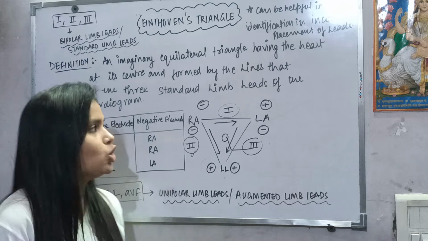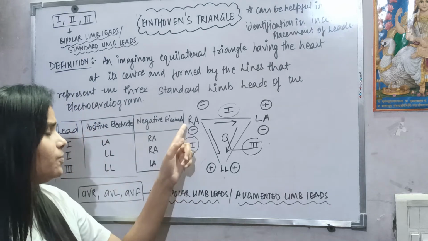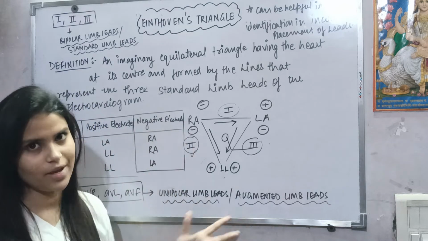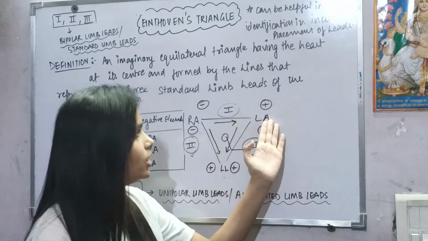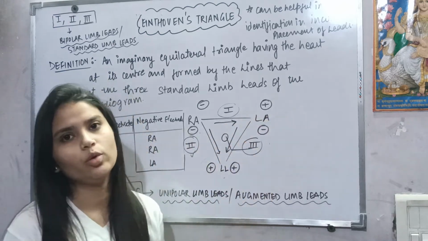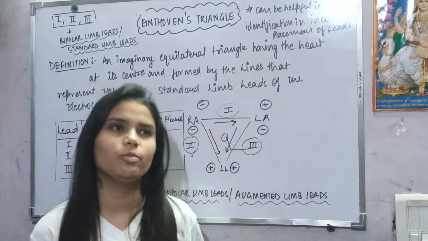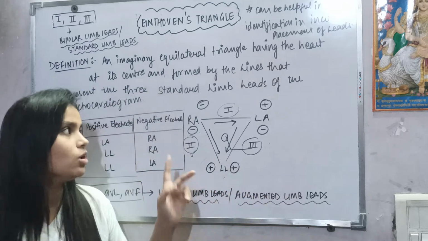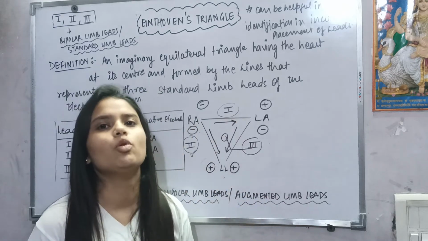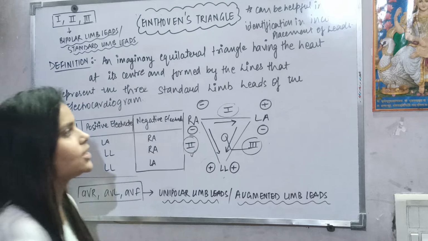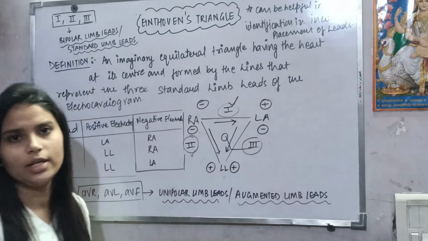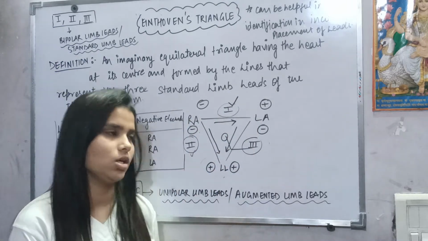Let's say one picks up 5 millivolt and the other picks up 2 millivolt. Then the voltage difference is 5 minus 2, which is 3 millivolt. That 3 millivolt is represented by the first lead in the form of the ECG.